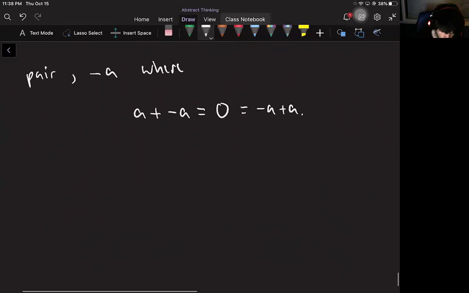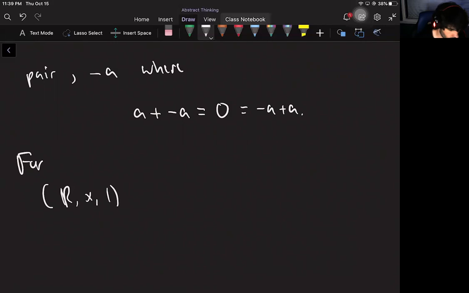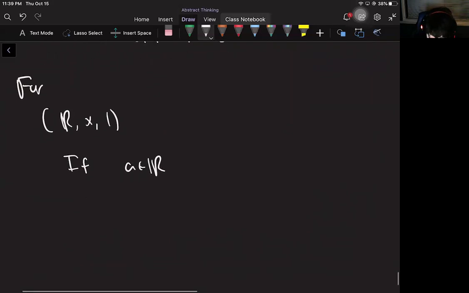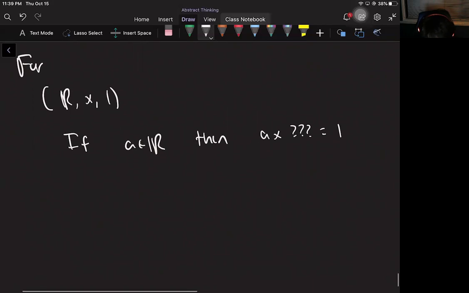What about for multiplication? Well, if I have a number, how do I multiply by something to take me back to the identity element of that operation, which is 1 in this case?